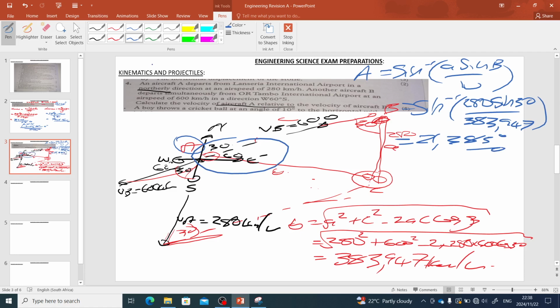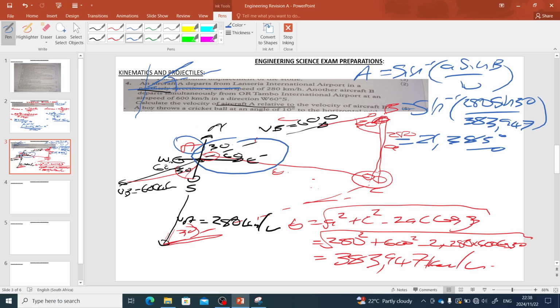Now, let's write this nicely. Let's write it somewhere here. This is what we have there. We are having the resultant. Then we are having your vector, the one that we've stopped and reversed. Now, the angle from here to there, it is what? It is 60.